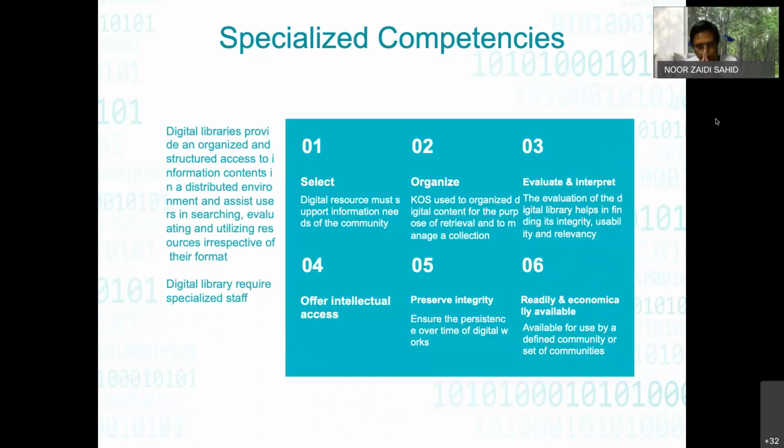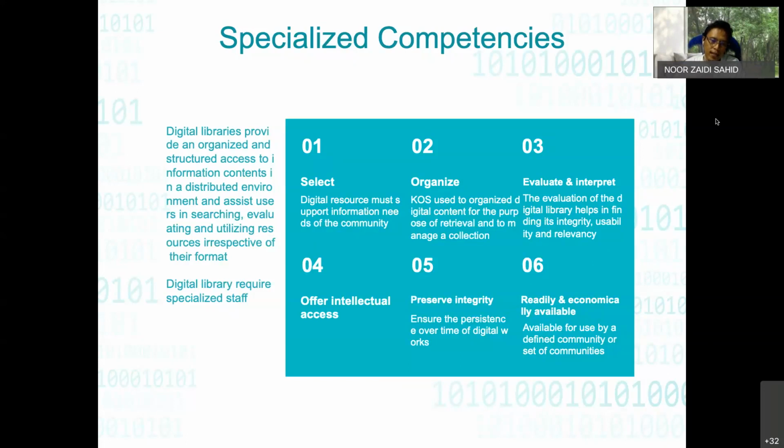Because of information available online from many sources, tadi ada siapa sebut tentang trustworthiness, validity and trustworthiness of information. Therefore, a digital librarian needs to evaluate, need to conduct a study on the usability, integrity, and relevancy of the information to their users.